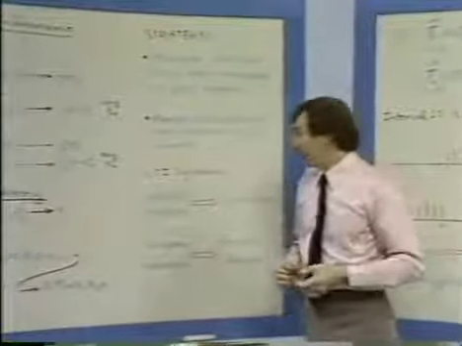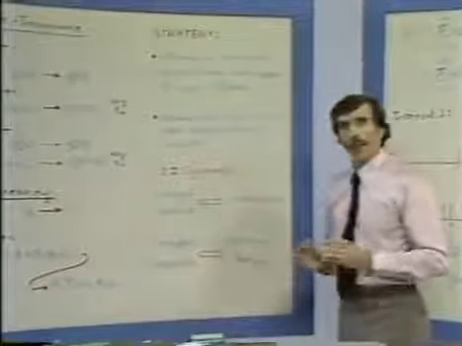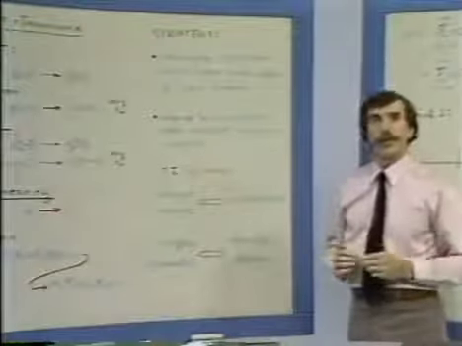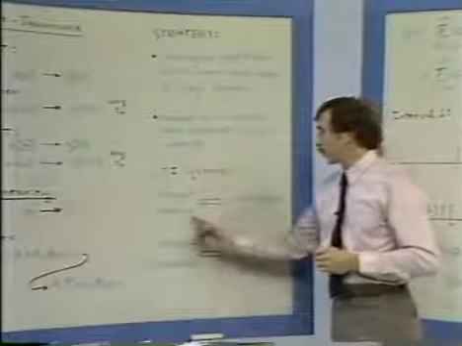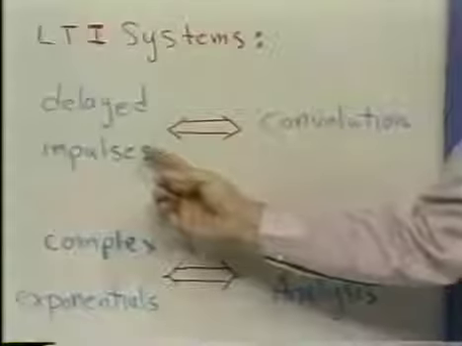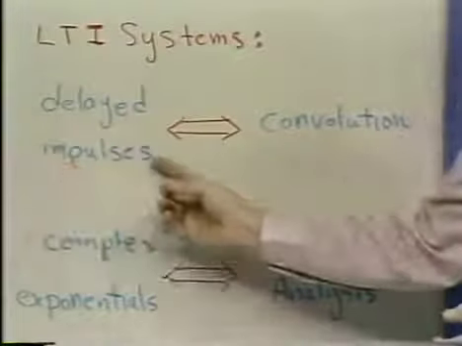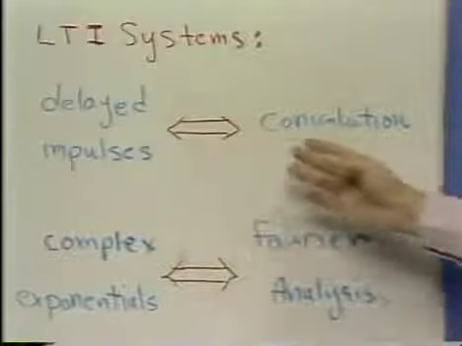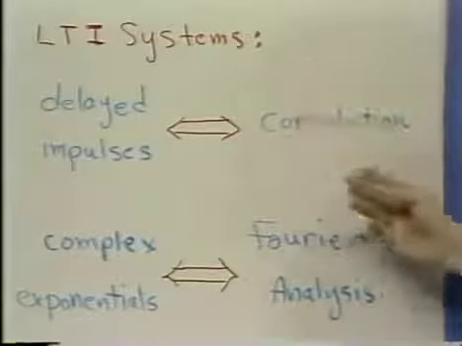Now, as we'll see, when we do this, there are two classes of inputs that are particularly suited to that strategy. One class is the set of delayed impulses, namely decomposing a signal into a linear combination of these. And as we'll see, that leads to a representation for linear time invariant systems, which is referred to as convolution.